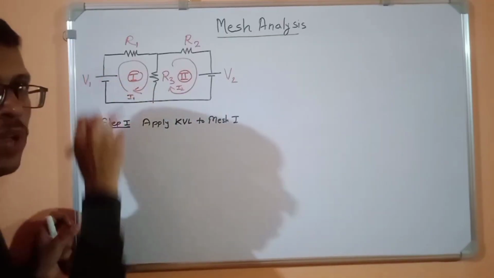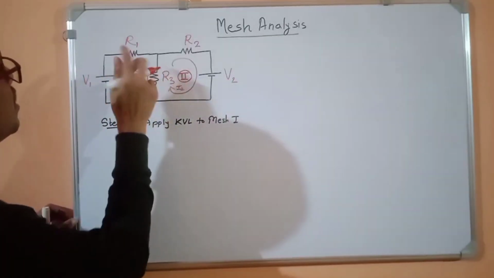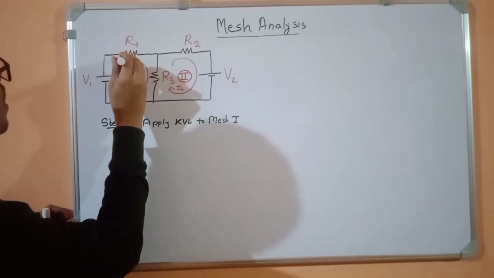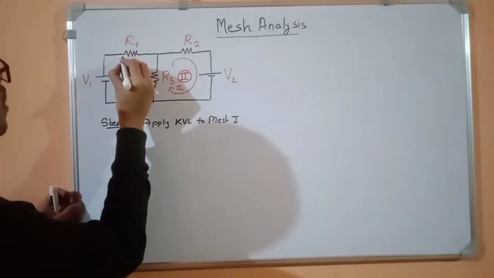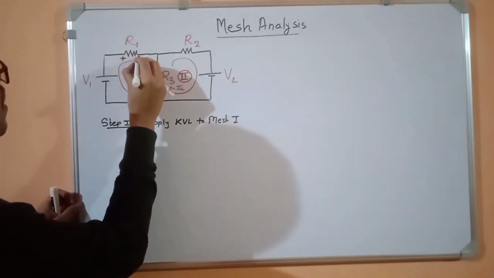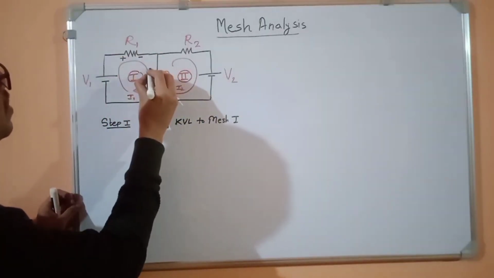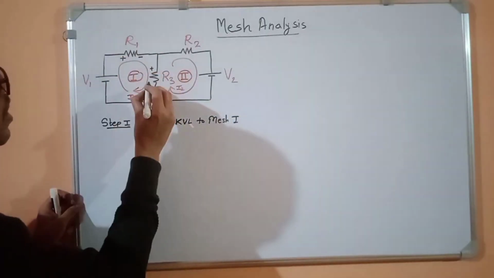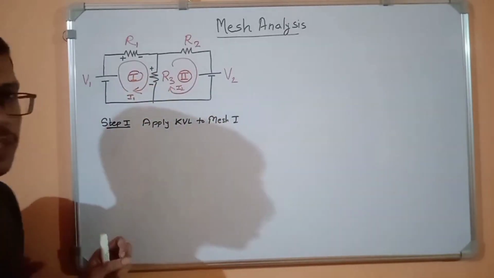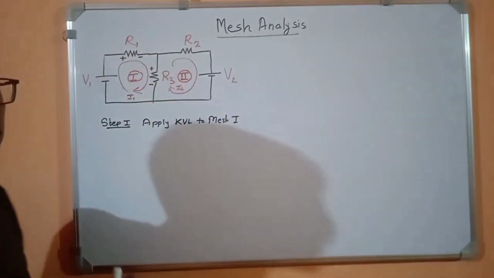Negative to positive, we have to take positive. In resistance, the entry point is treated as positive. So here the current enters at this point, so this is positive and this is negative. For R3, I1 is entering at this point and exiting from this point. So we have to consider only that much.